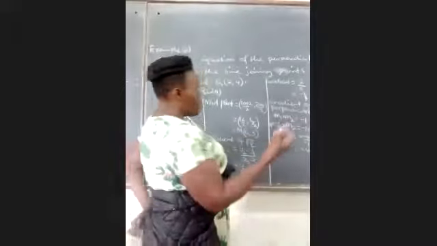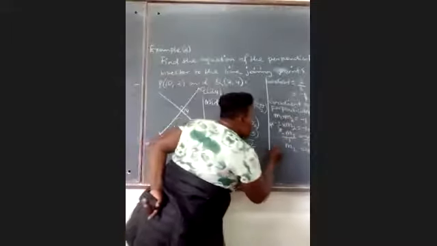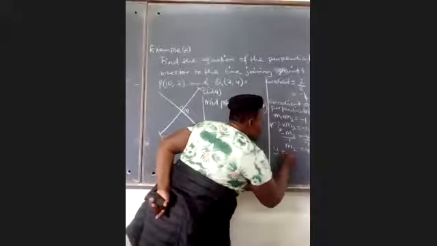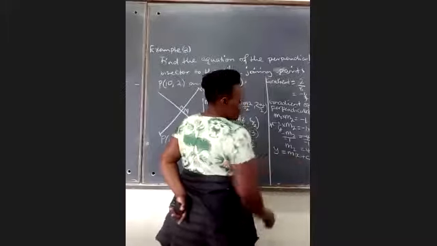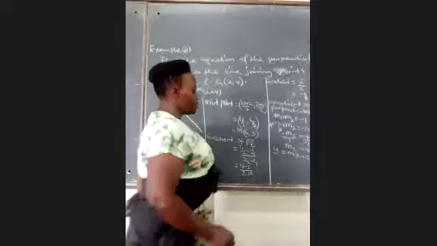But remember, the equation that we are looking for is in the form y is equal to mx plus c. So we have found m and we want to look for c. So how do we find c? We find c using the midpoint and M2 in y equals mx plus c.